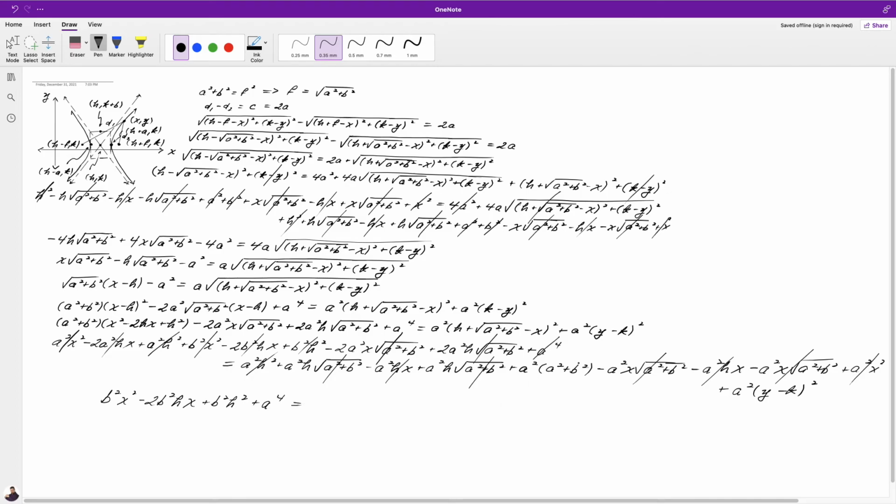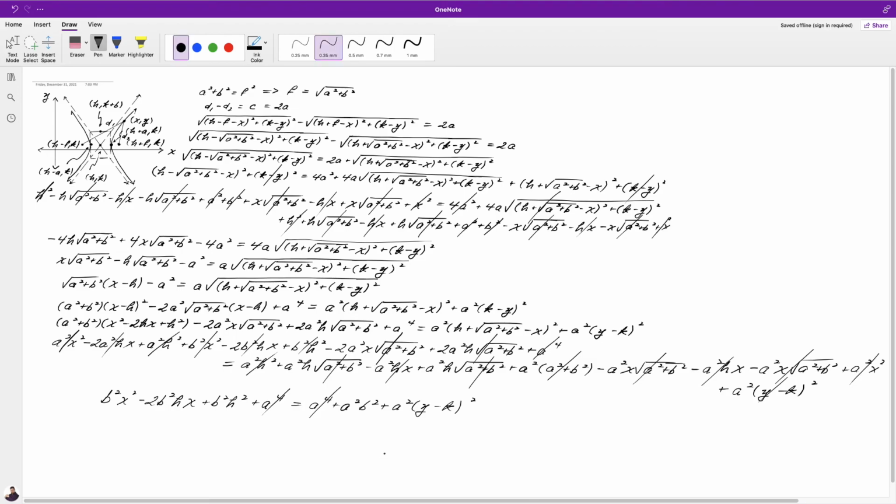Well, we've got to use distribution here. This becomes a to the fourth plus a squared b squared. That's been accounted for now. And then, of course, this, which we don't want to change at all. That's going to be a part of our final statement in just a second. Well, we can clearly subtract a to the fourth from both sides, can we not? Yes, we can.